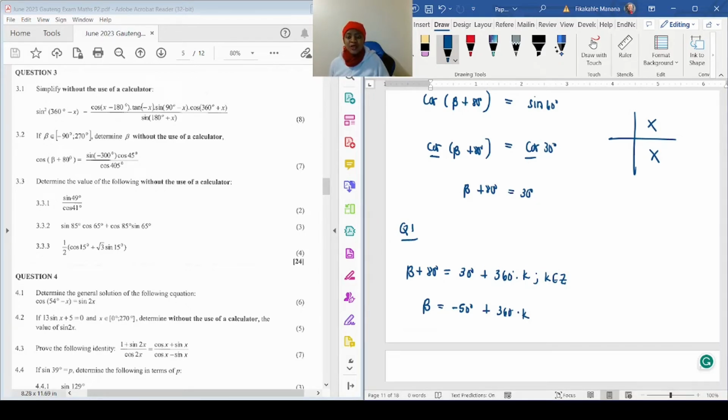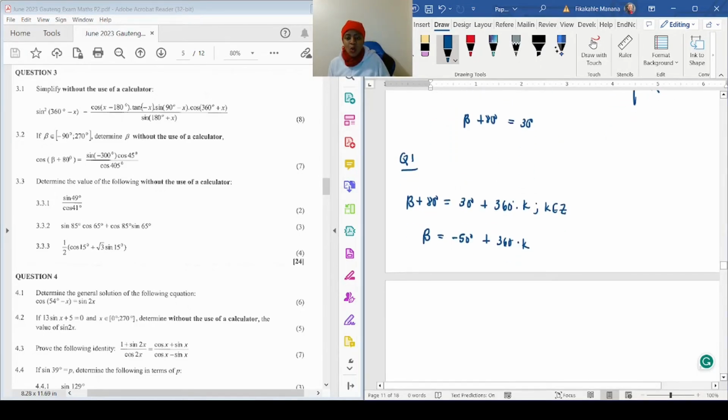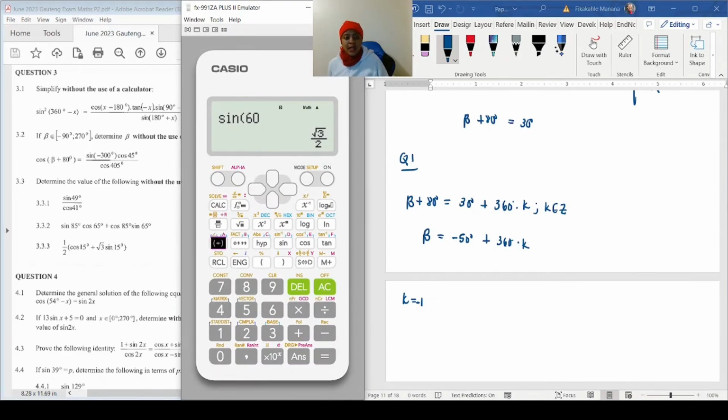Okay, but now we need to solve for beta. Let's just remind ourselves, we're looking at values between negative 90 and 270. So let's start at k equal to negative 1. We're going to have negative 50 minus 360, so that is outside of the domain. But if we choose k as 0, we get negative 50. Is it part of the domain?